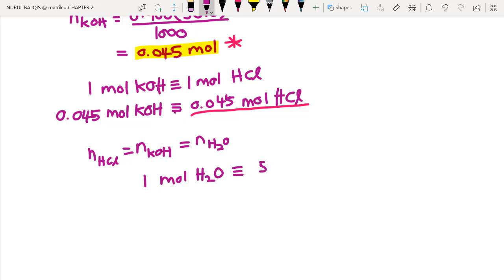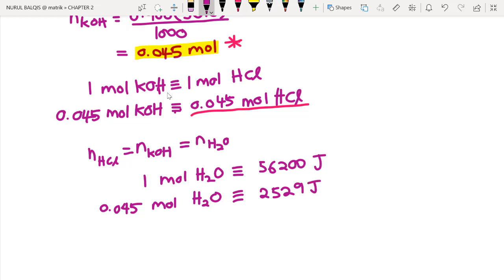Now we change it to joule per mole, which gives 56200 joule. If we have 0.045 mole H2O, how much heat will be released? Cross multiplying, we get 2529 joule. This is going to be our Q reaction.